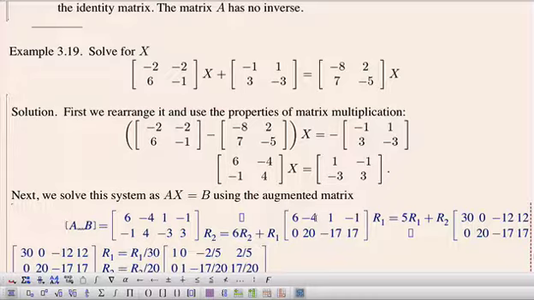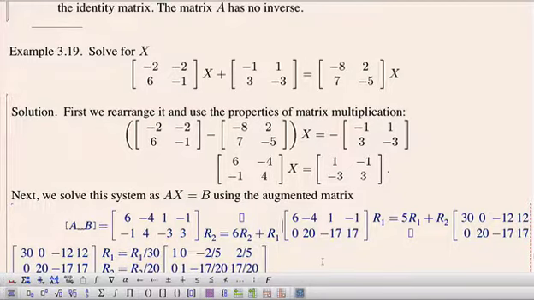Anyway, we multiplied the first row by 5 to get here minus 20, so that 20 can cancel it. But then from 6 we get 30. From 1 we get 5, and then minus 17 is minus 12. From minus 1 we get minus 5, plus 17 is plus 12.